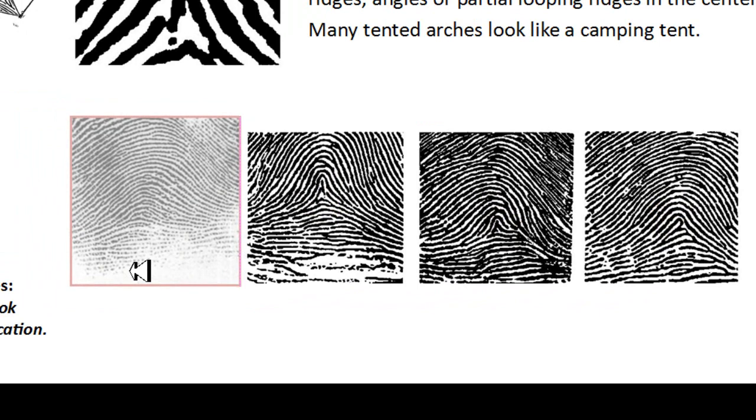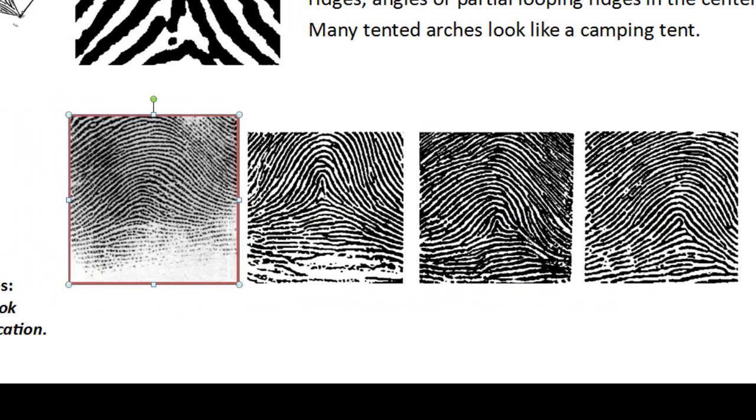I'm going to bring back the plain arch, the arch that we studied earlier, and now I want you to make a comparison between this one and these three. Hopefully you can see a considerable amount of difference in how the ridge flows from left to right.